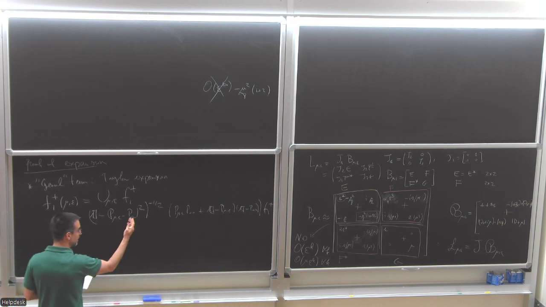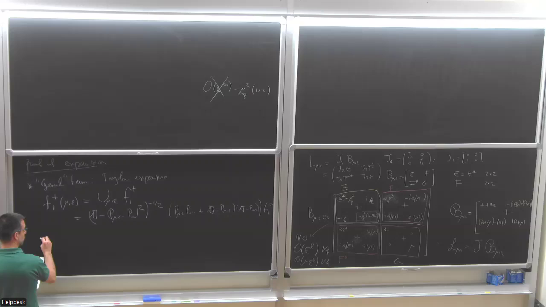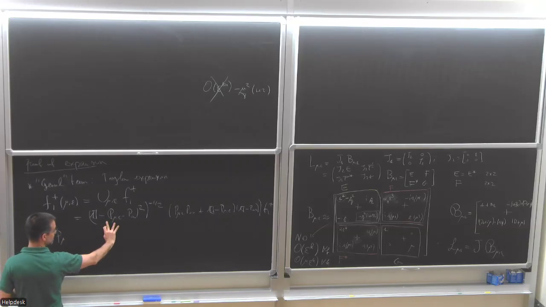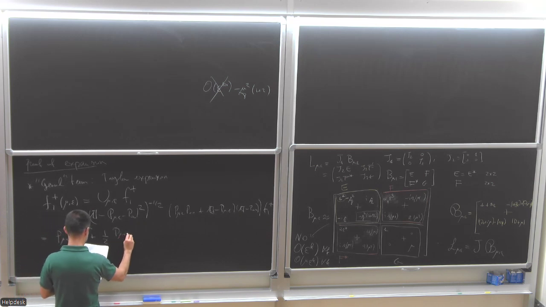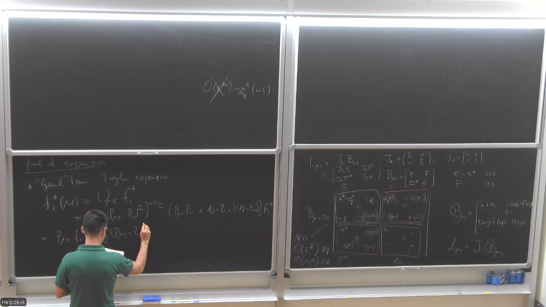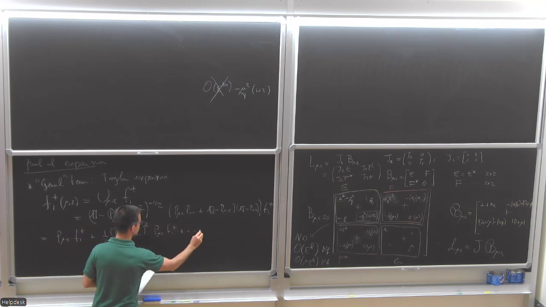So you Taylor expand them. In this case, when you Taylor expand this binomial series, you get P_{\mu\epsilon} f_1 plus 2 P_{\mu\epsilon} minus P_{00} squared P_{\mu\epsilon} f_1 plus a little correction.